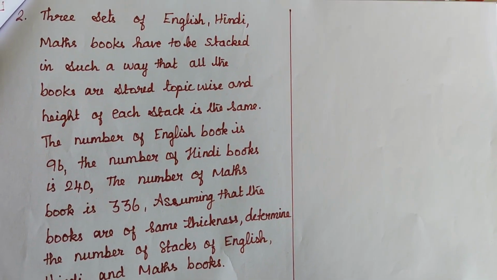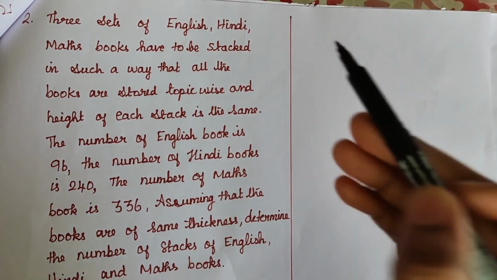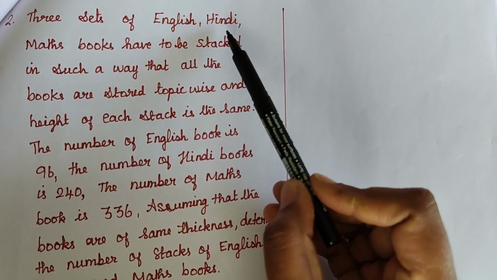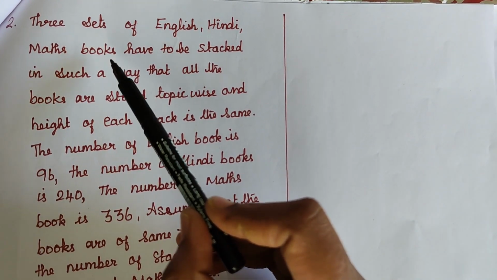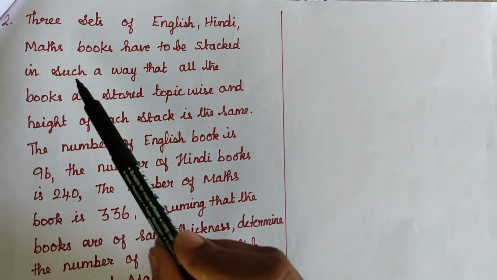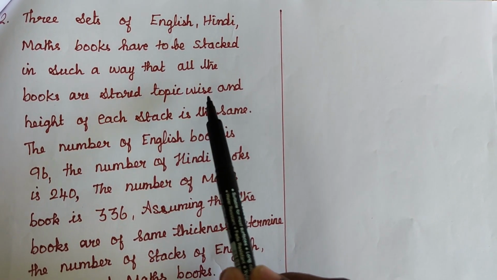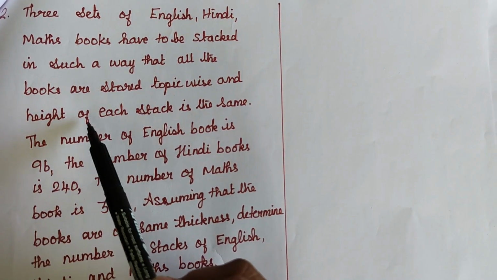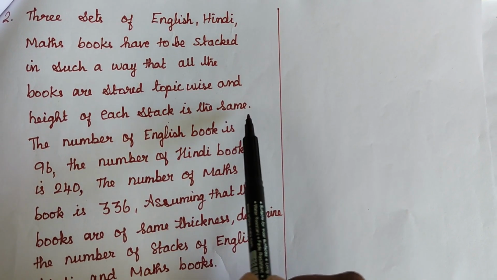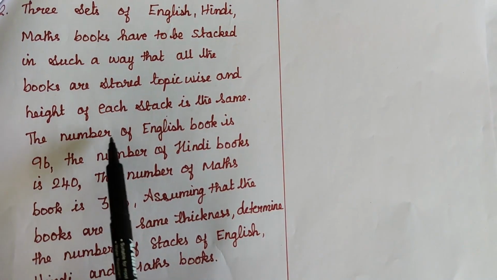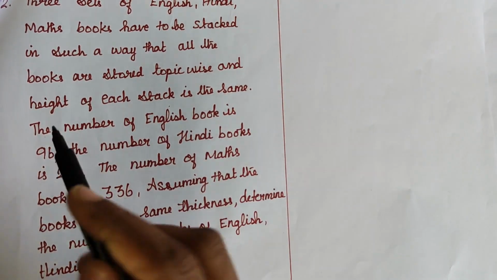Next sum. There are 3 sets of English, Hindi and Maths books that have to be stacked in such a way that all the books are stored topic wise and the height of each stack is the same. The number of English books is 96.